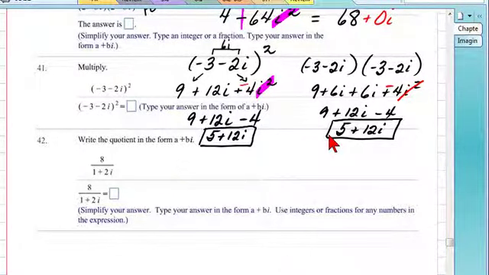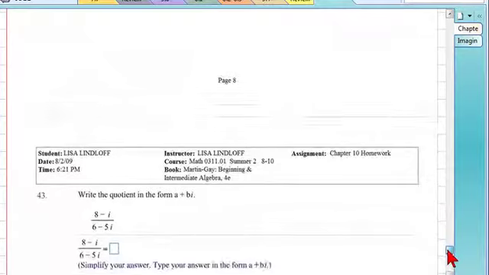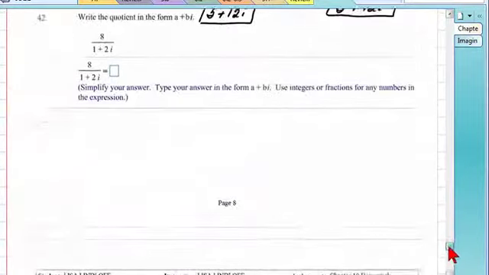Okay, adding complex numbers, add the reals, add the imaginaries. Subtracting, change your signs, then add the reals, add the imaginaries. Multiplication, you're either going to use distributive property or FOIL. Well, now it's time for something that looks like a fraction. It is division.